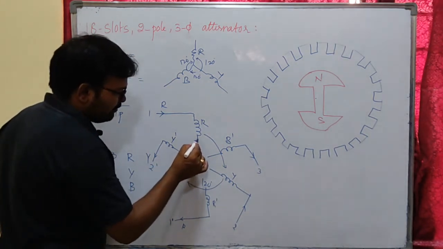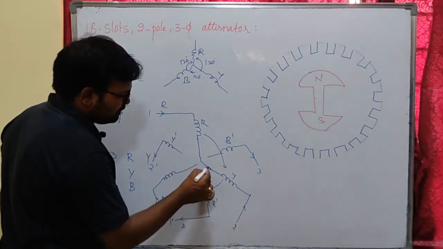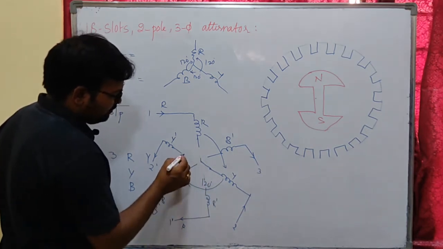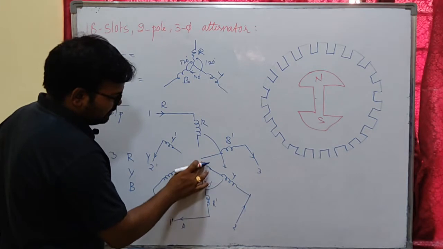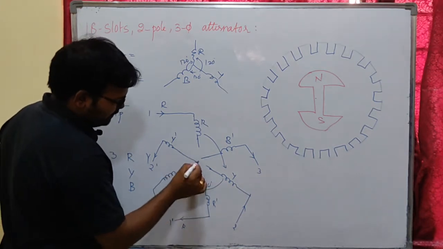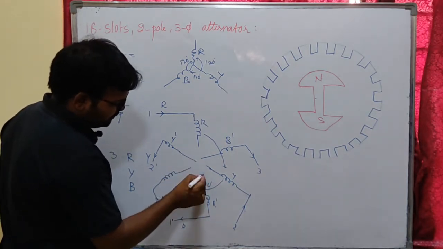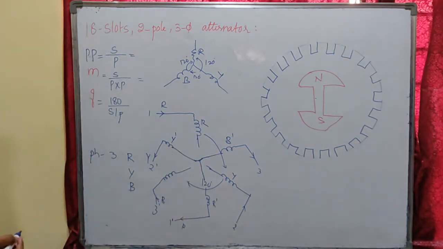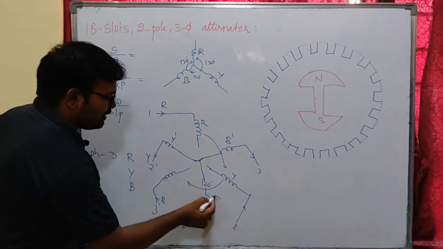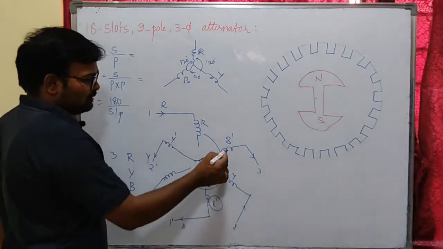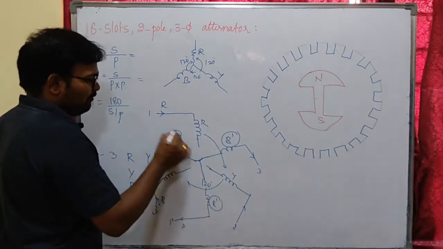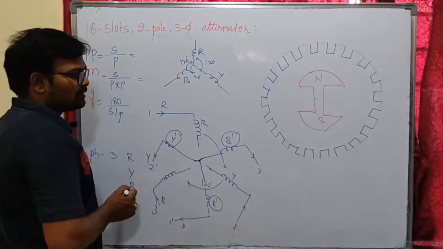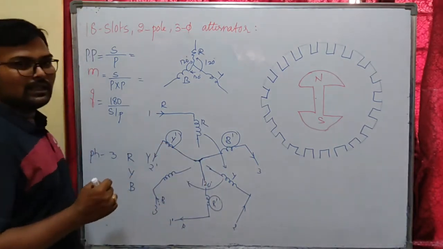If you connect R dash, Y dash and B dash, that is, the returns of the windings, this type of winding is called star connected winding. If you connect the secondary terminals of these 3 winding phases, that will be a star connected stator.